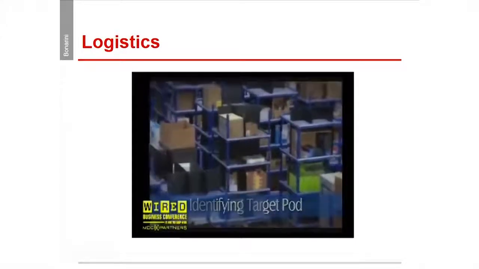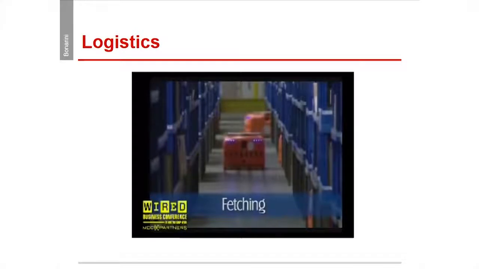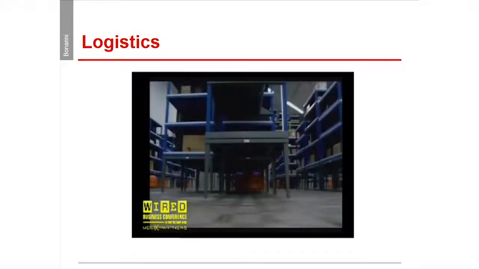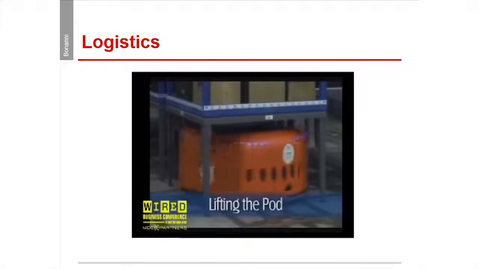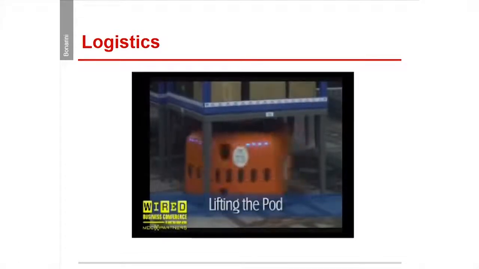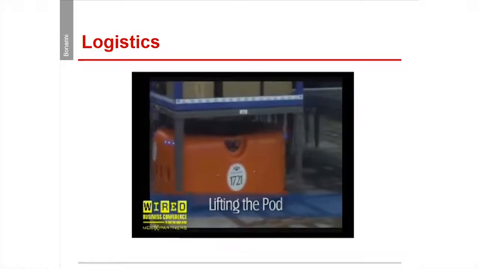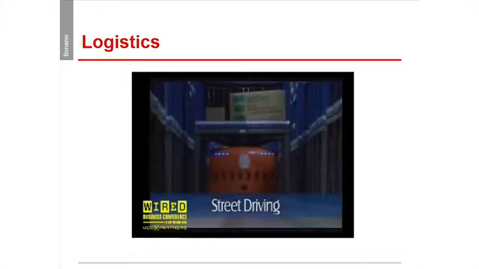Everything is managed by robots that go around, take the shelves and bring the shelves to the operator, who does the only thing that is difficult for a robot, taking things from the shelf and packing them. In this way, the robot is lifting the shelf and then taking it away.